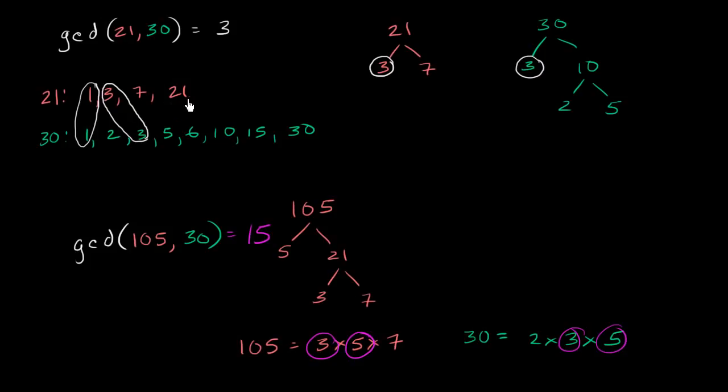You could list out the traditional divisors or factors and figure out which of those is common and is the greatest. Or you can break it down into its prime factors, and then figure out the largest set of common prime factors, and the product of those is going to be your greatest common factor. It's the largest number that is divisible into both numbers.